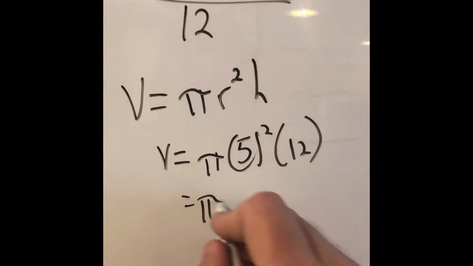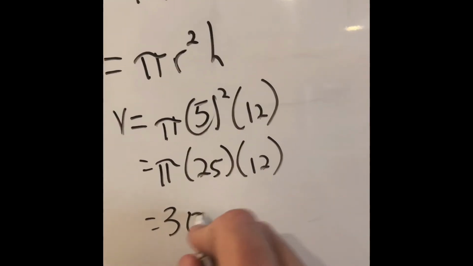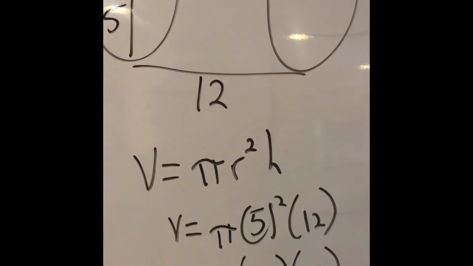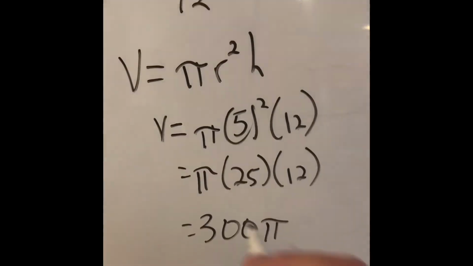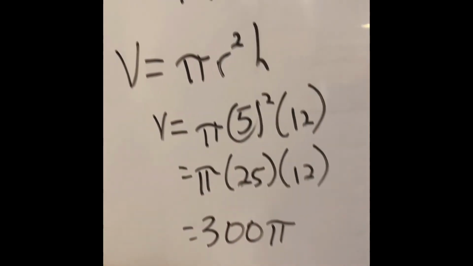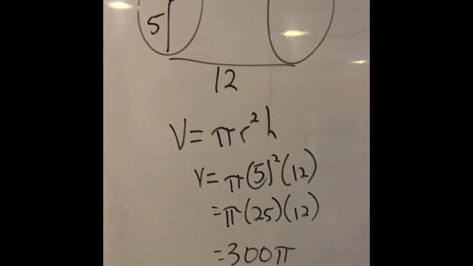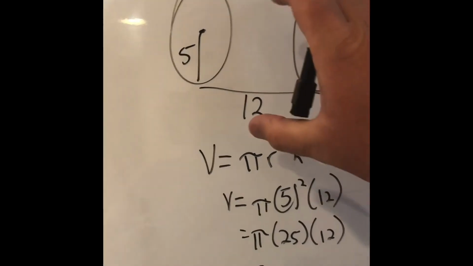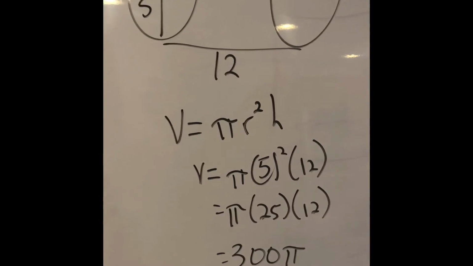So that's going to be pi times 25 times 12, which happens to be 300 pi. And I believe they want the answer to 2 decimal places. But in this case, when we take the 300 times 3.14, we get 942. Cylinders are really, really nice because it's just put in an R, put in an H if you need it.